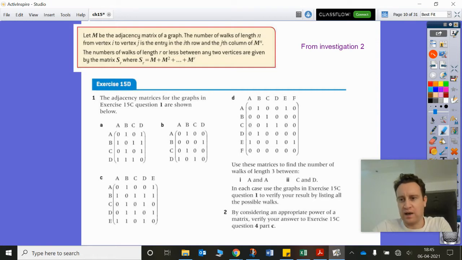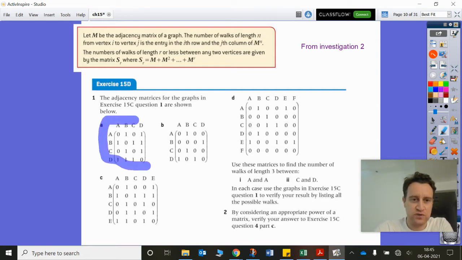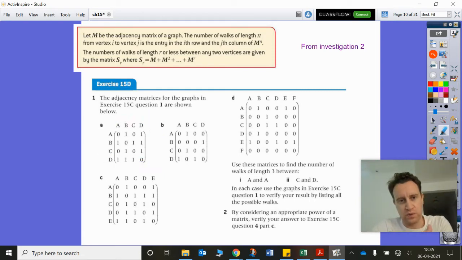If you do this matrix squared, then you will get the number of routes which are possible going between A to B, and so on, which have a walk length of 2. Okay, so that's just like using transition matrices when we're trying to find the ultimate probabilities of ending up in certain locations.